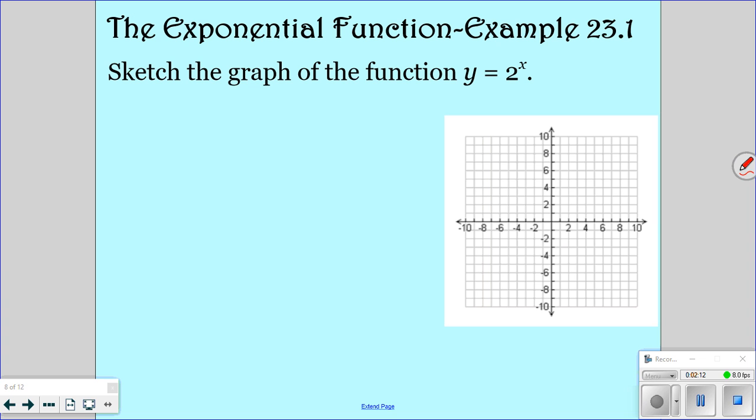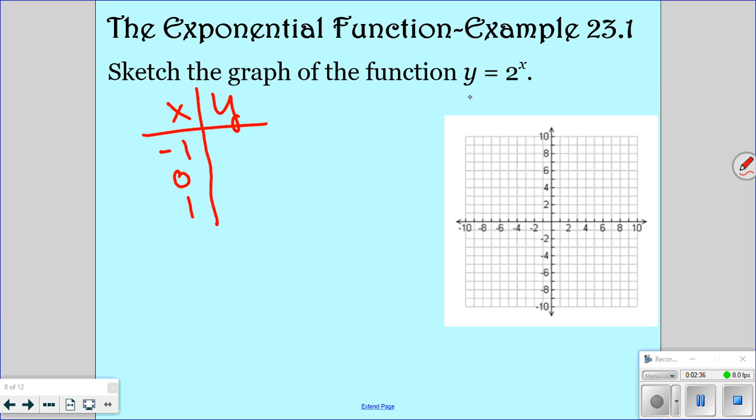So we want to sketch this. When you look here, what you want to do is plug in numbers for x. And then you're just going to do a t-chart and graph them. The best numbers to plug in are going to be -1, 0, and 1. You can plug in other numbers besides that, but those are going to be the first ones that you want to start with.